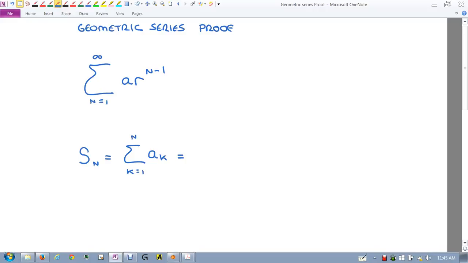For us, in this problem, our a sub k is that entire expression right there. So can you tell me what S sub n is? Plug 1 into this. What do you get when you plug 1 in for the n? Yep, you get 1 minus 1 is 0, r to the 0 is 1, so you just get a. Plus, now plug in 2.